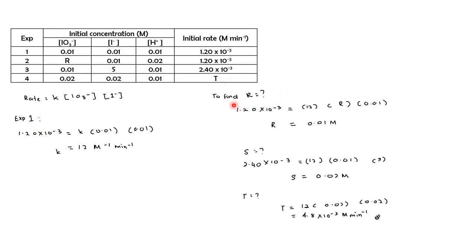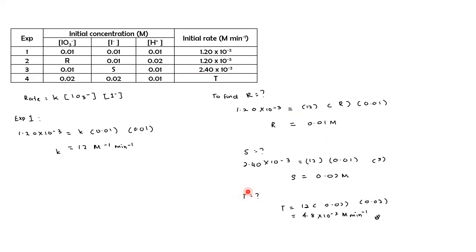So to find the value of R, we can refer to the set of experiment 2 here, and you will get the concentration of R is 0.01 molar. And for S, when you substitute the value, you can find the value of S here, which is 0.02 molar.